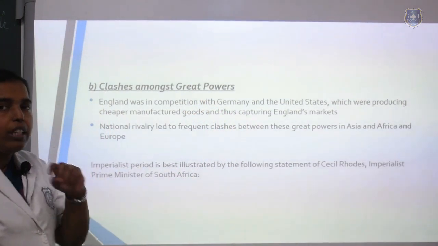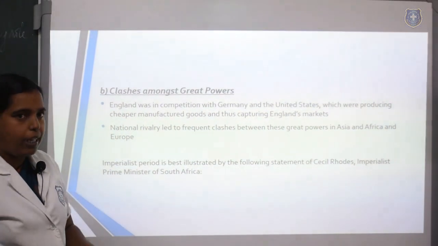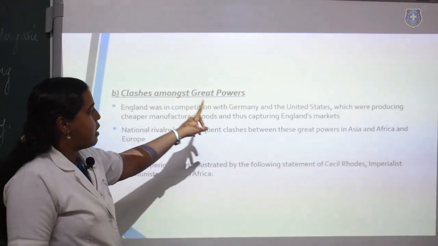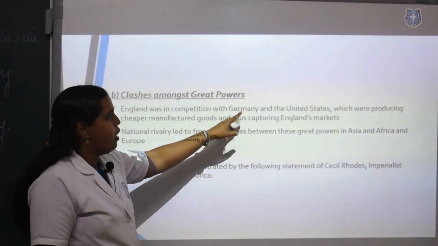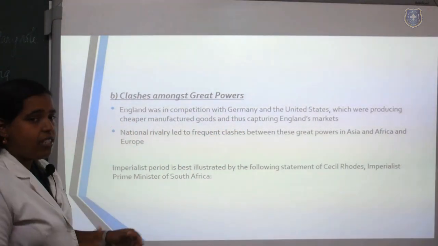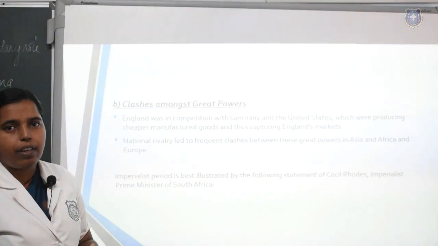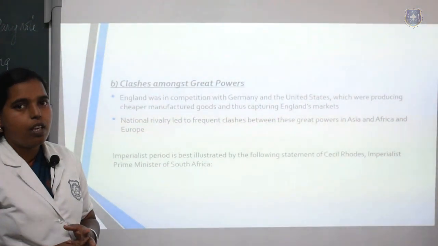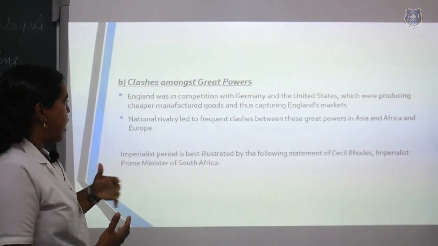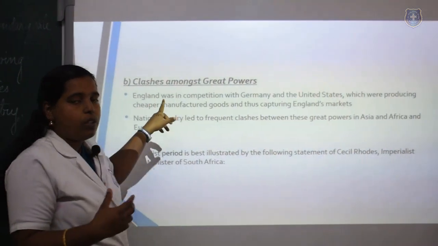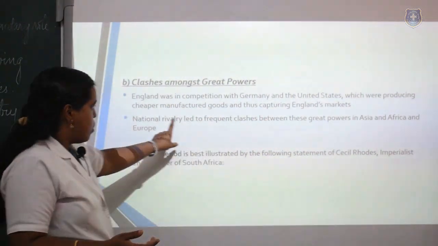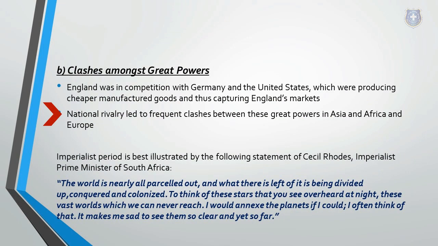Germany is not going to give up in any way, it's going to be dominating, and England is also a dominating country. So Germany and the United States started producing cheaper manufactured goods and selling them in the markets of England. That created more tension between England and the other powerful countries. The national rivalry led to frequent clashes between these great powers.